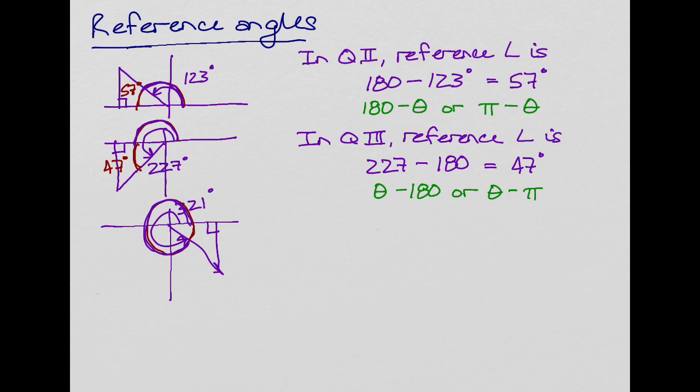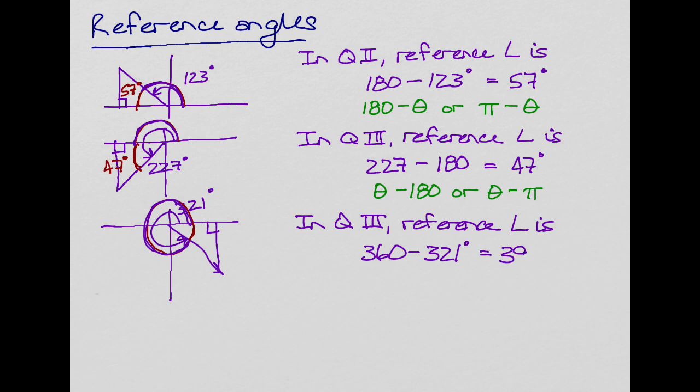In general, in quadrant 4, I can find a reference angle by taking my original angle and subtracting it from 360 degrees. So 360 minus 321, I get 39.